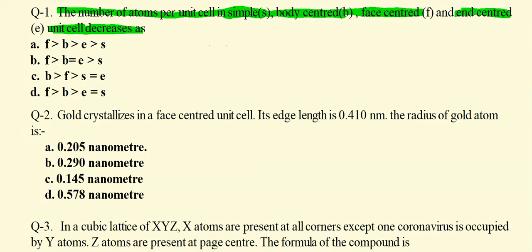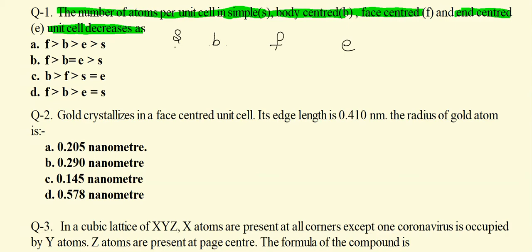We have to arrange the simple cubic cell S, the body centered cubic cell B, the face centered cubic cell F, and the end centered cubic cell E in the descending order according to the number of particles per unit cell.